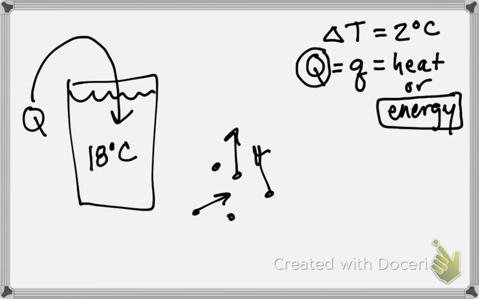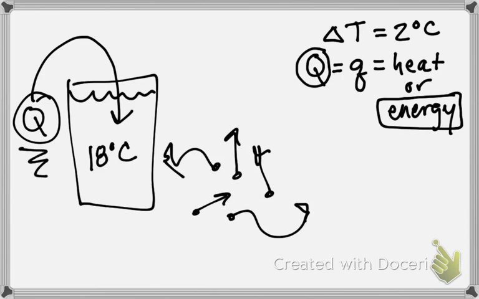So come on, guys, let's go. Start moving around. So you have to provide a source of energy, a Q. And you have to provide just the right amount of energy to get them to start moving faster, but not too fast, right? Because you wanted to increase the temperature by exactly 2 degrees Celsius, no more, no less. So you have to provide just the right amount of Q.